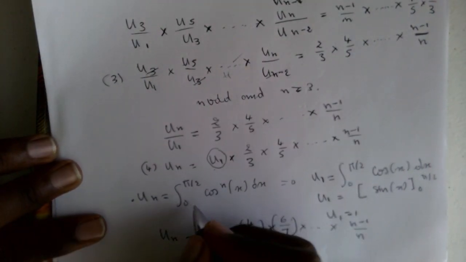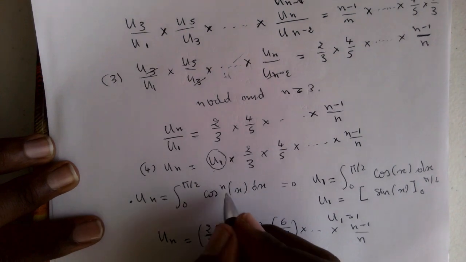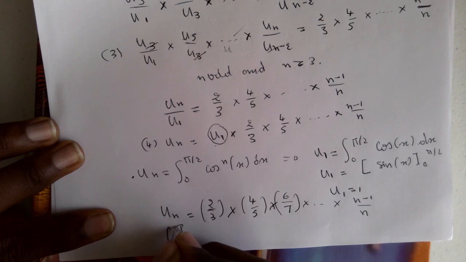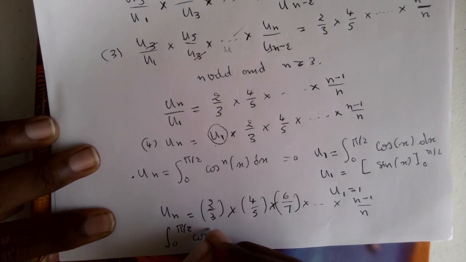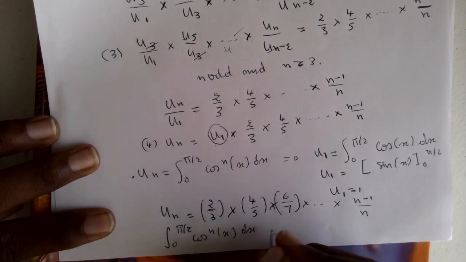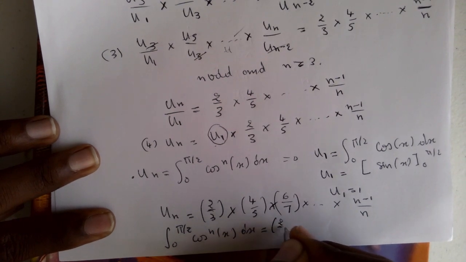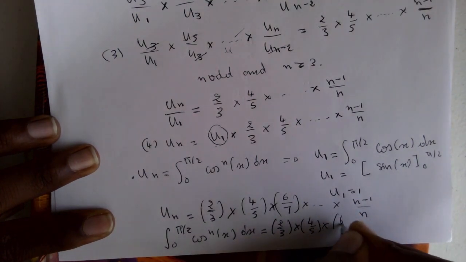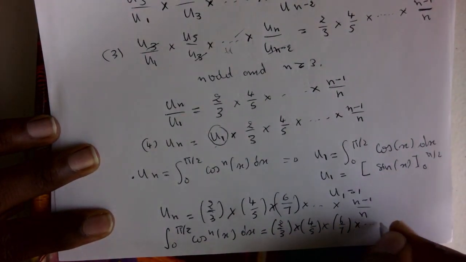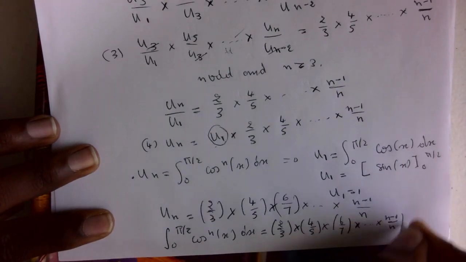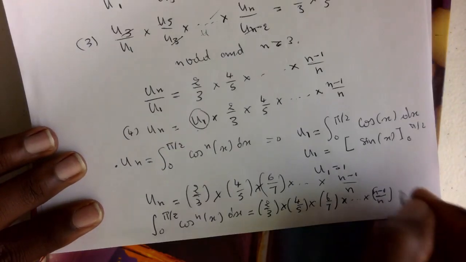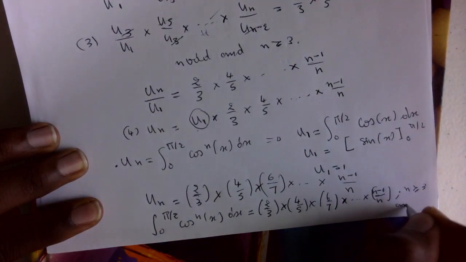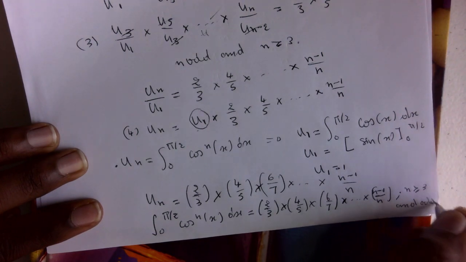Since u_n is the integral from 0 to pi over 2 of cos to the power n of x dx, we can say that this integral is equal to 2/3 times 4/5 times 6/7 times n minus 1 over n, for n odd and n greater than or equal to 3.